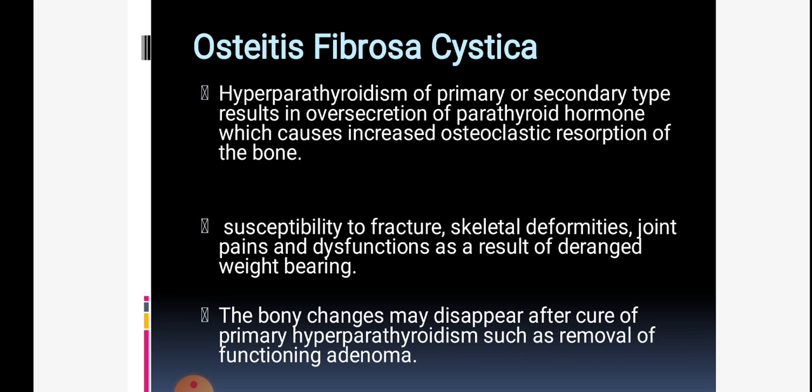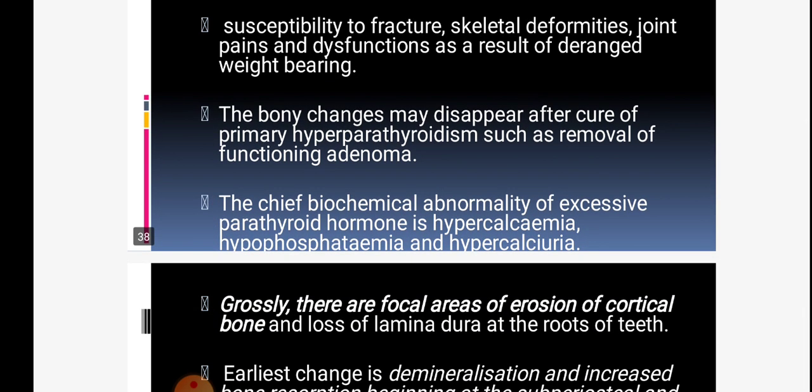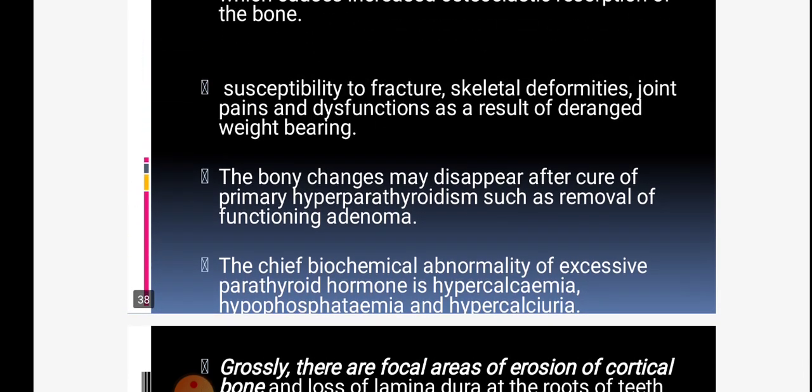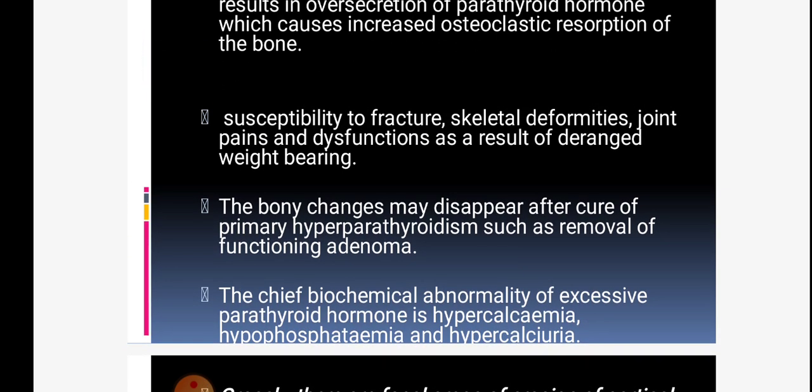The bony changes may disappear after a cure of primary hyperparathyroidism, such as removal of functioning adenomas. The chief biochemical abnormalities of excessive parathyroid hormone are hypercalcemia and hypophosphatemia.